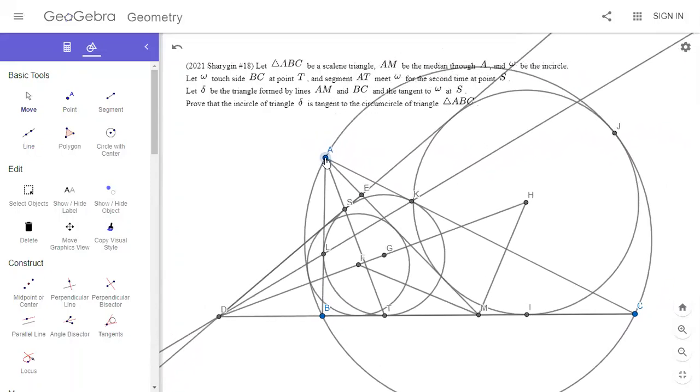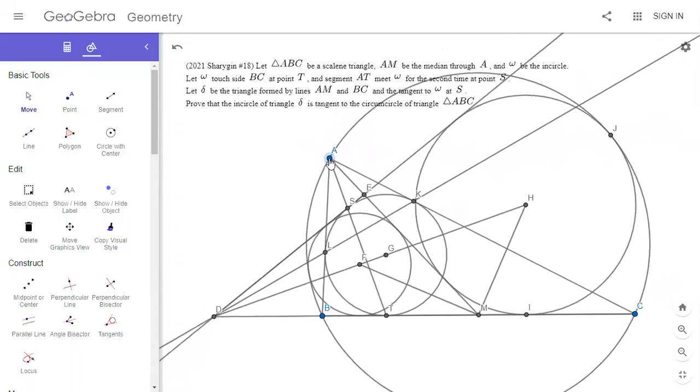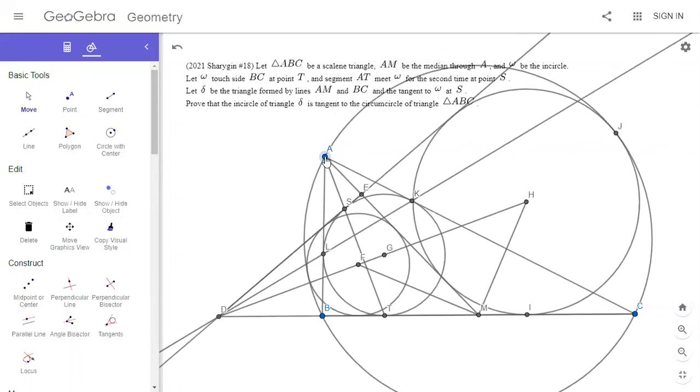So GD is perpendicular to AT, and so FH has to be perpendicular to AT, and so yeah. You're saying to draw the A-excenter. Let's see. And then IAM is perpendicular to FH. I think I could show that.